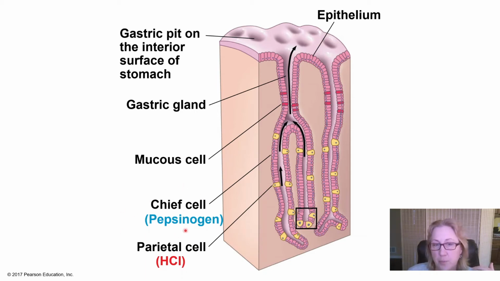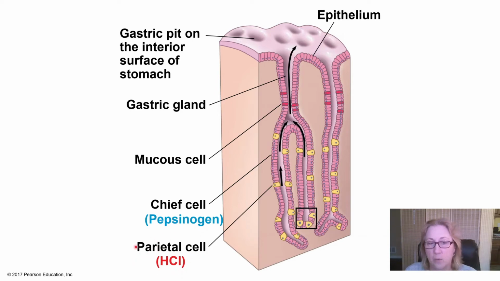So the chief cells produce an enzyme called, well, this is the precursor. Pepsinogen is the inactive form of the enzyme. 44 amino acids get cleaved off of it, and then it becomes the active enzyme, pepsin, which breaks down proteins.